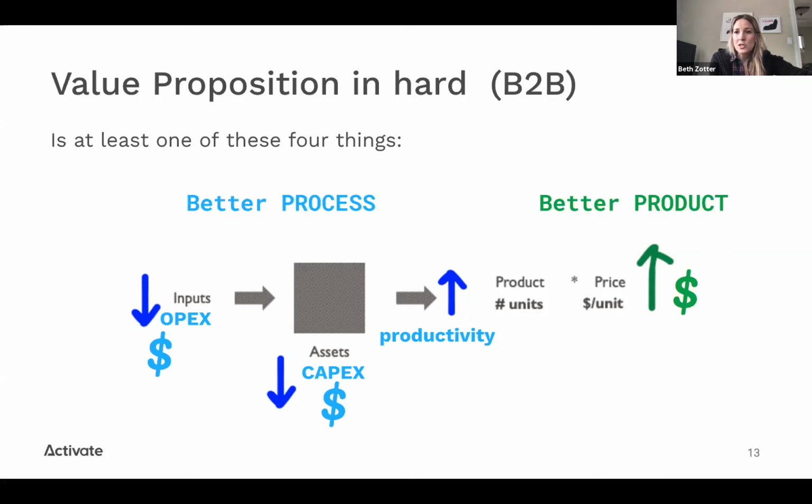So just a couple things to note about this. In general, everybody wants to reduce OpEx. That's the easiest sell, especially if you have a drop-in material that's cheaper with the same performance. That's why you hear people saying drop-in a lot. CapEx is generally harder, because they've generally already invested in CapEx.